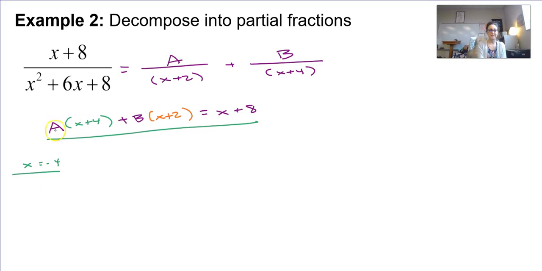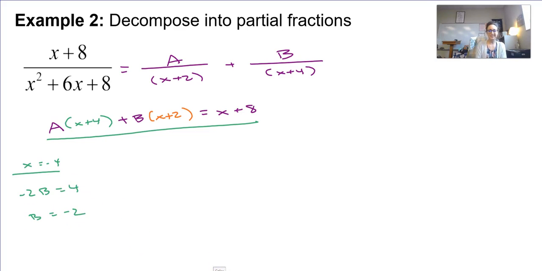So when I plug in -4, this goes away. This becomes b times the quantity -4 plus 2. -4 plus 2 is -2, so I've got -2b equals, and then -4 plus 8 is +4. So dividing both sides by -2, I get -2, right?